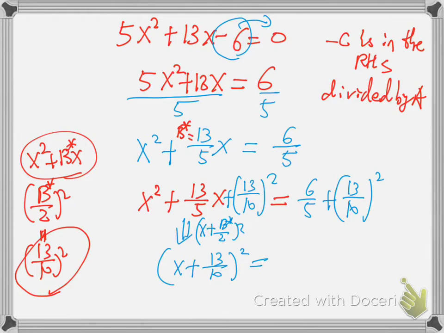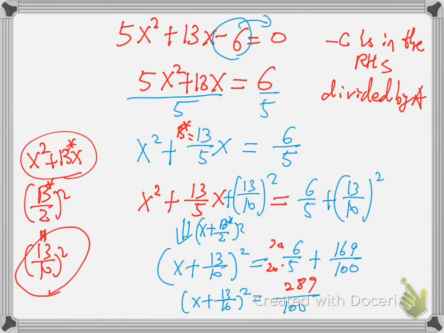On the right, we have a very complicated addition: 6 over 5 plus 169 over 100. Okay, so combine these two fractions, with the same denominator 100, right? Multiply by 20 on top and bottom. We got 120 plus 169, which is 289.